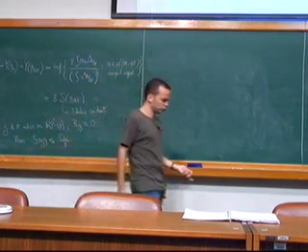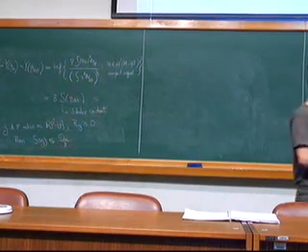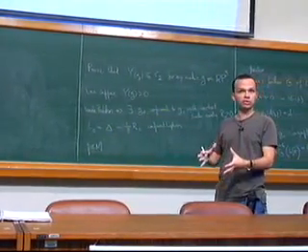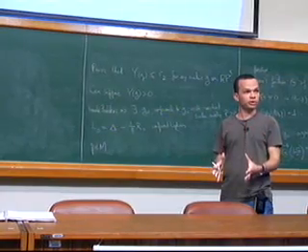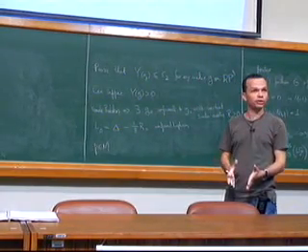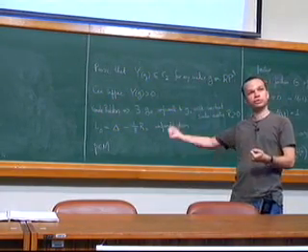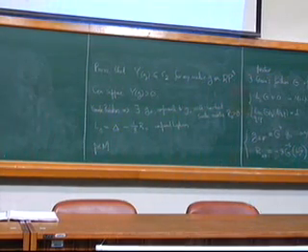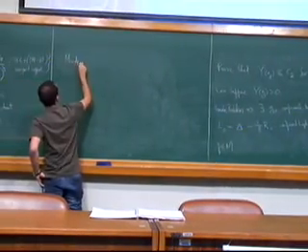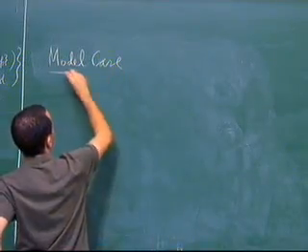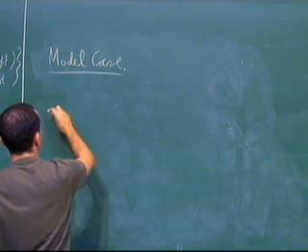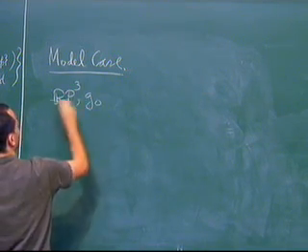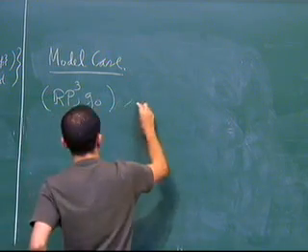And in general, for test function constructions, one usually needs to understand first the model case. If you understand the model case, you have natural functions for the model that you then try to transplant to the general setting. So let me talk about the model case. The model case is just RP3 with G naught, a metric of constant curvature.